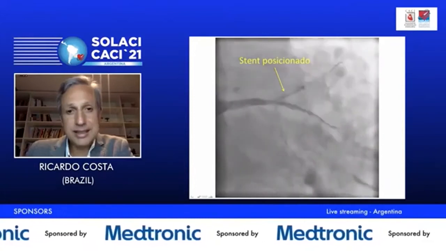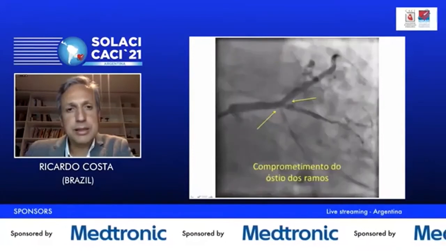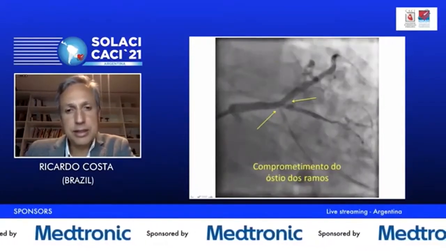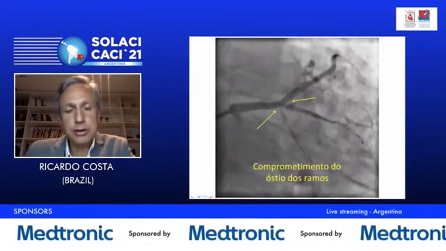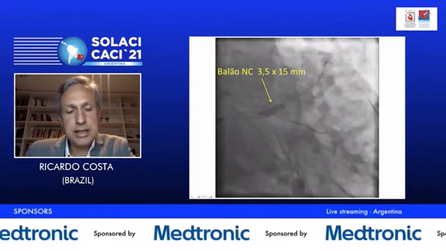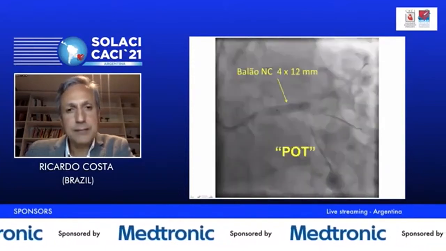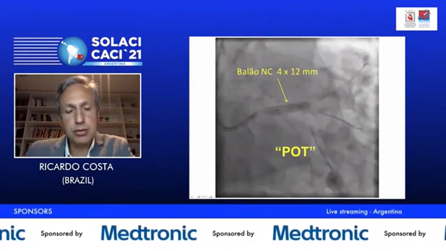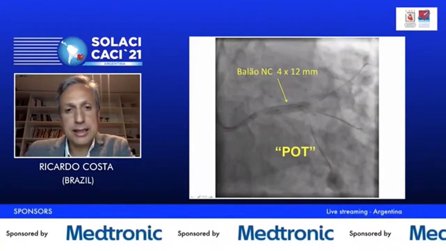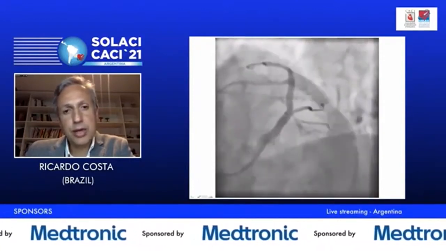Then we implanted a stent, a provisional stent in the LAD. And then there was an ostium involvement of the two branches. First, we wanted to optimize the main vessel and the distal vessel with a larger balloon, larger than the one used in the LAD.